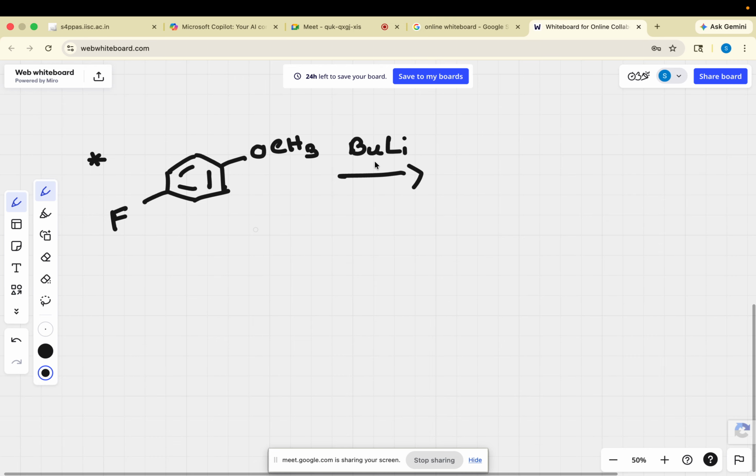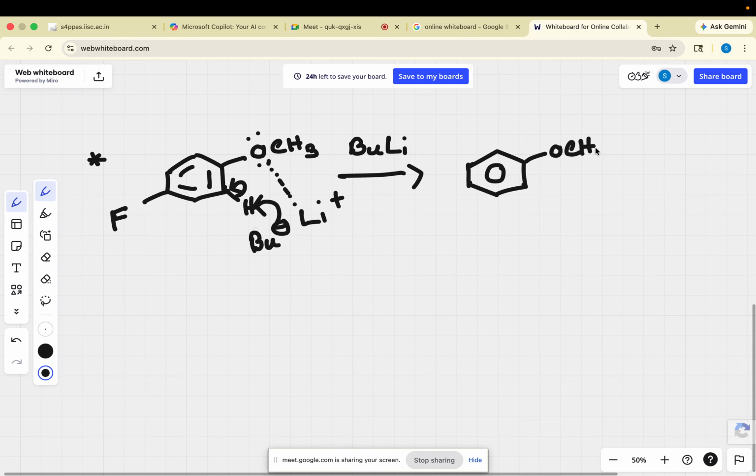Ortholithiation means chelation will happen. Oxygen has a lone pair. Oxygen will donate the lone pair to lithium plus. Here you have butyl minus, and this is the proton. So butyl minus will take up this proton, and you have to introduce the lithium ortho to your OCH3 group. So lithium will be introduced here, ortho with respect to OCH3.